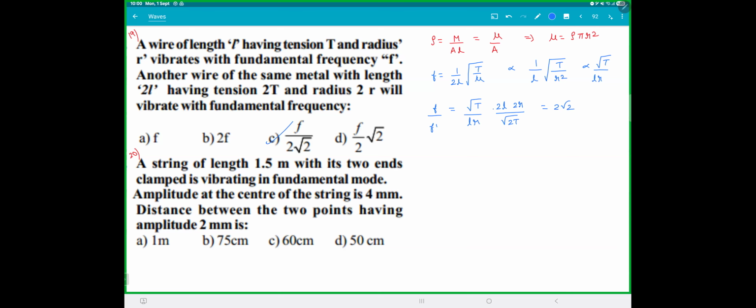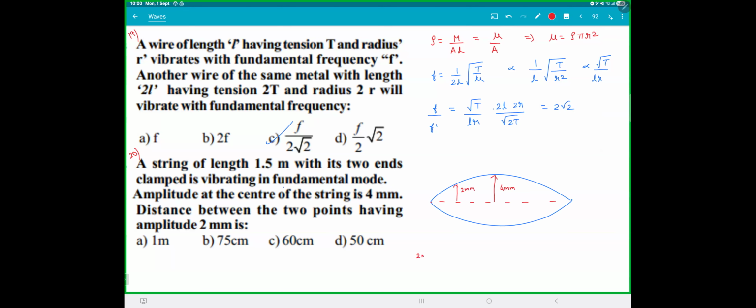What about the next one? A string of length 1.5 with 2 ends clamped and vibrating. This we just now did, with 2 points having 2 mm, but he said fundamental mode, so that is a big one. This is 4 mm, this is 2 mm.